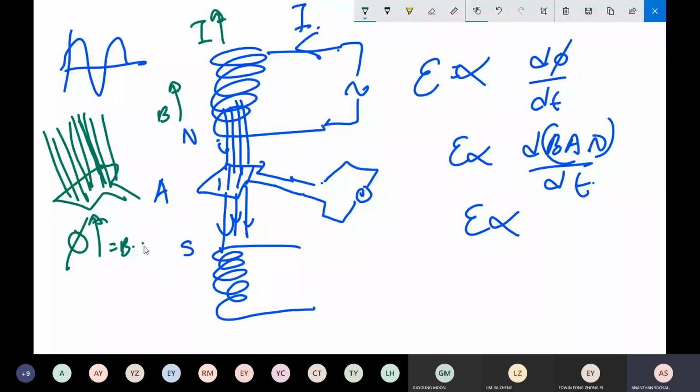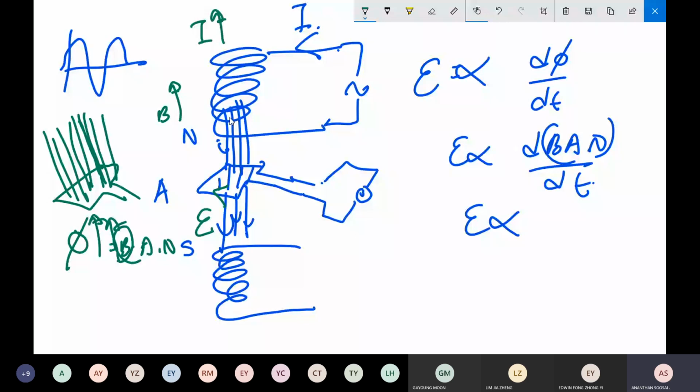Magnetic flux linkage, B dot A dot N. The flux rises because the B rises. So that is the third way of creating EMF here. You get an EMF because flux is changing by changing the current in the electromagnet.